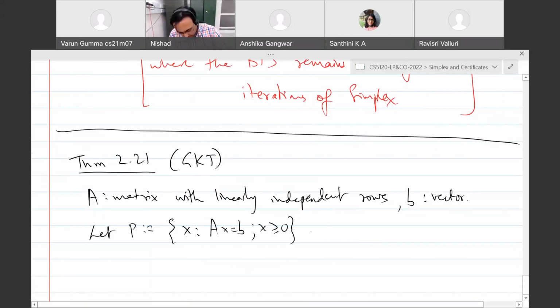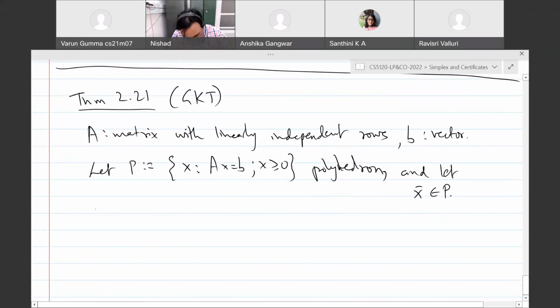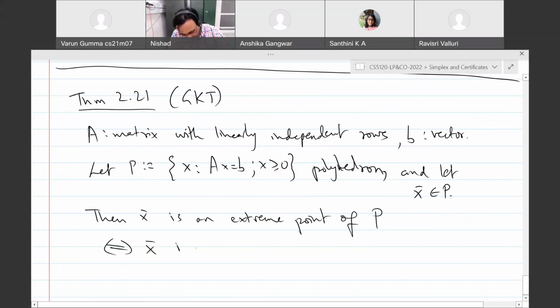Let P be this polyhedron. Okay. And let's say we take any point in this polyhedron. So it turns out that this point is an extreme point of the polyhedron if and only if it is a basic feasible solution for the system AX equals B.